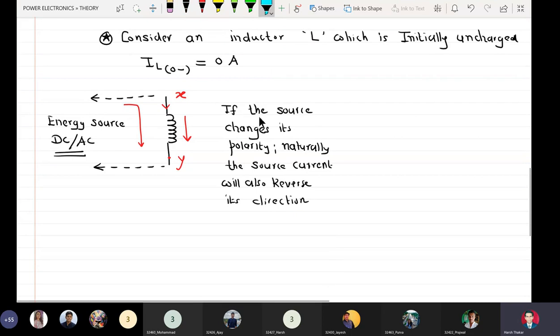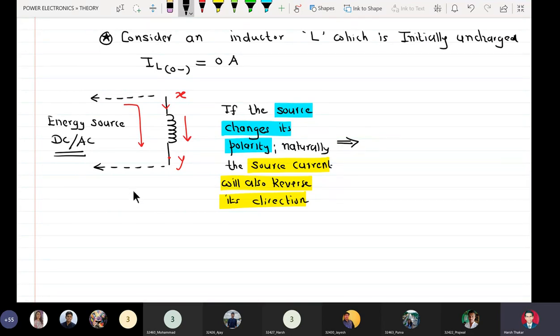Okay, this is obvious. So if the source changes its polarity, naturally the source current will also reverse its direction. So when this happens, what will happen is this.